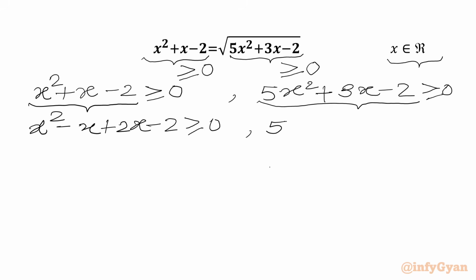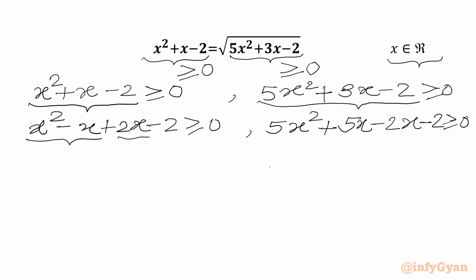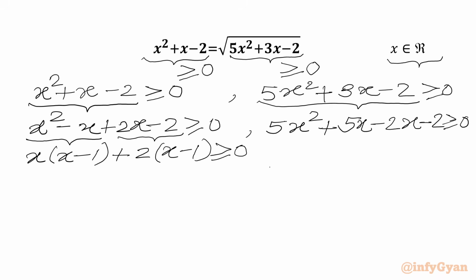And here 5x square plus 3x can be written as 5x square plus 5x minus 2x, then we have minus 2 greater than or equal to 0. Now from the first two terms we'll take x common, from the last two terms we'll take 2 common. We can write x times (x minus 1) plus 2 times (x minus 1) greater than or equal to 0.